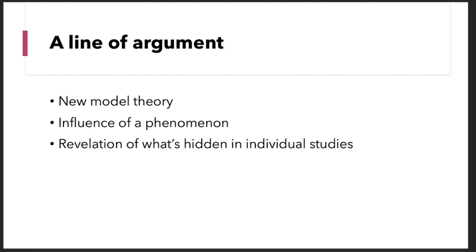Finally, a line of argument synthesis involves the development of a new model, theory or understanding by synthesizing and interpreting second-order constructs. If we remember, our first-order constructs were the research participants' experiences, and the second-order constructs the researchers' interpretation of those experiences.